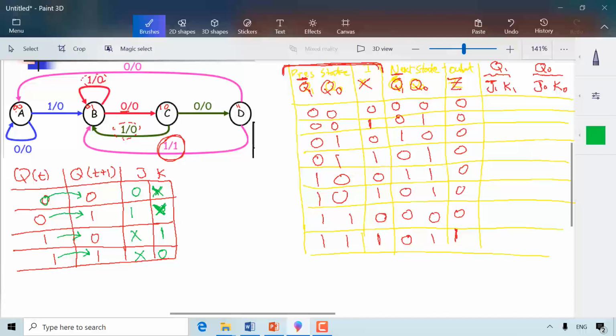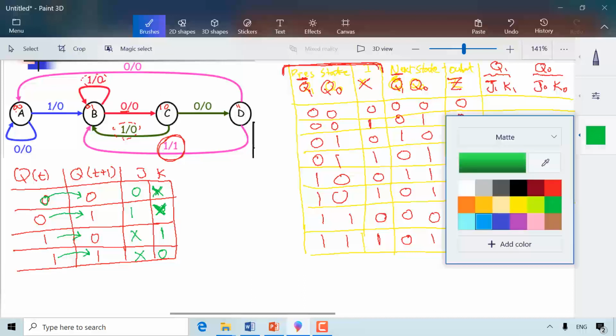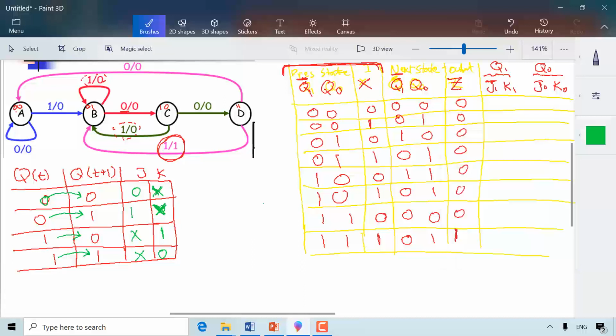Now I go back to my table and I start reading these values for the present state and the next state. Let's start with Q1. I have a present state of 0 and a next state of 0.